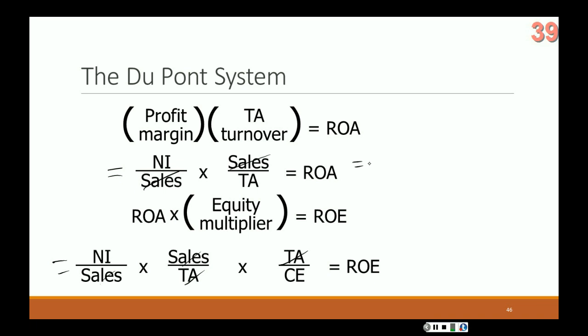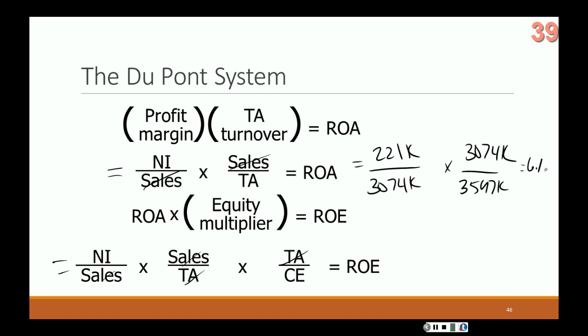So here, if we were to look at this for Bartlett Company, we see that net income is $221,000 over sales, multiplied by sales over total assets. That gives you ROA of 6.12%. Now you could do the same thing here.